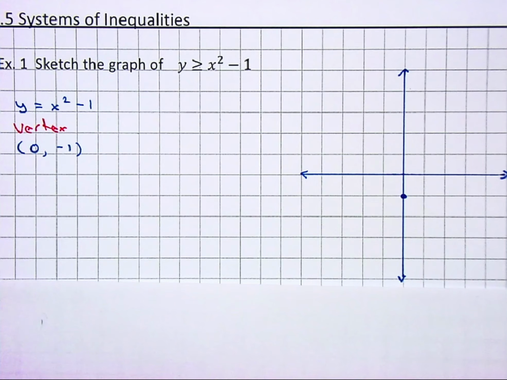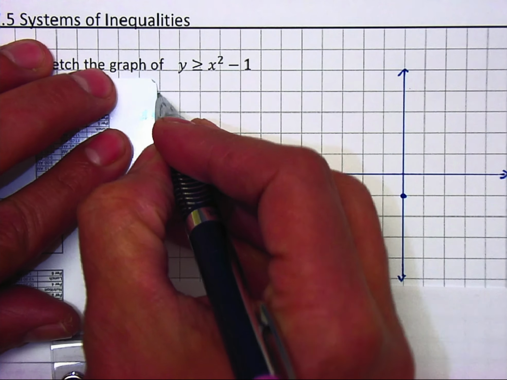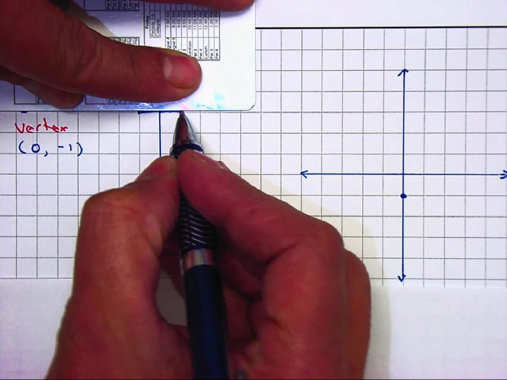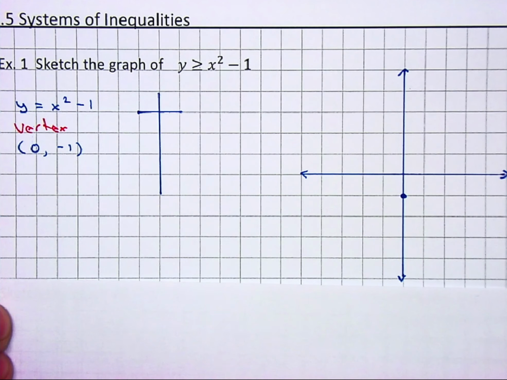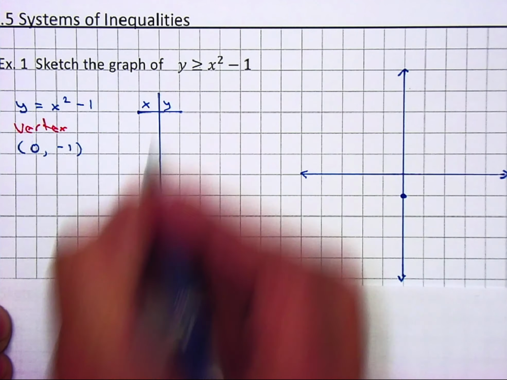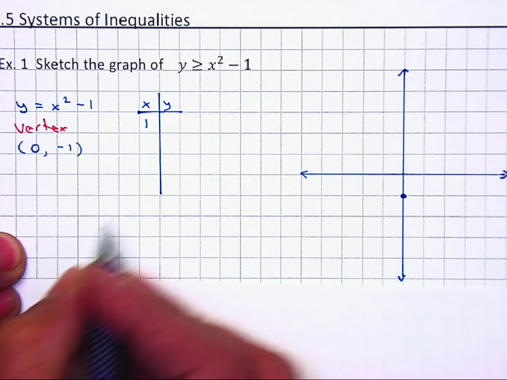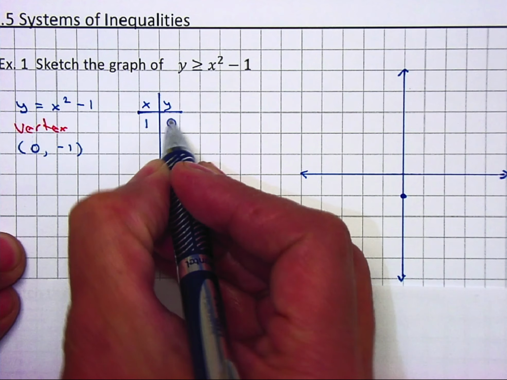And to find additional points, I'm going to create a table. Some of you have a graphing calculator, so you can just enter the function called the table function. Otherwise, I have a 0. I'm going to plug in a 1. 1 squared is 1, minus 1 is 0.